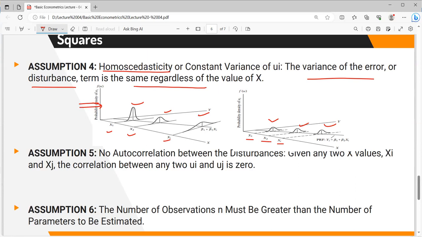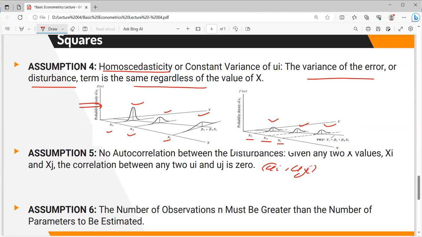The fifth assumption is no autocorrelation between the disturbance terms. The error terms ui and uj do not correlate with one another. If they are correlated, a problem arises, which is called autocorrelation.